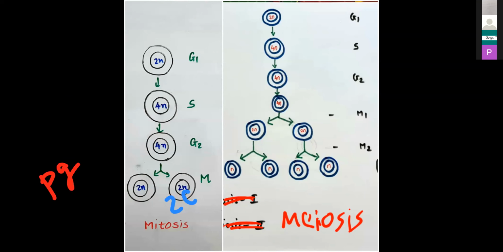So picogram is the unit to measure the weight of DNA. Very lightweight material like DNA, its weight can be measured in terms of picogram.